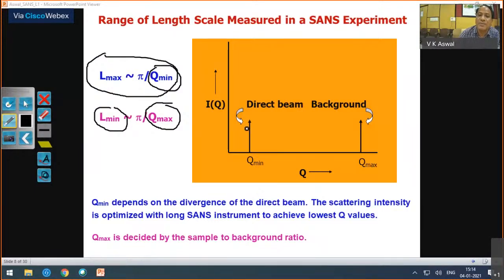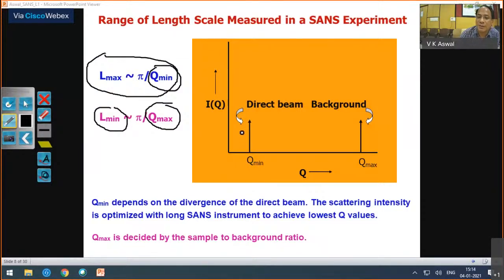One is Q minimum, which is determined by the direct beam. So you will see in the case of SANS, you measure in a transmission geometry, so always you have the scattering along with the direct beam. Since you will have a strong contribution from the direct beam, this will decide your Q minimum.